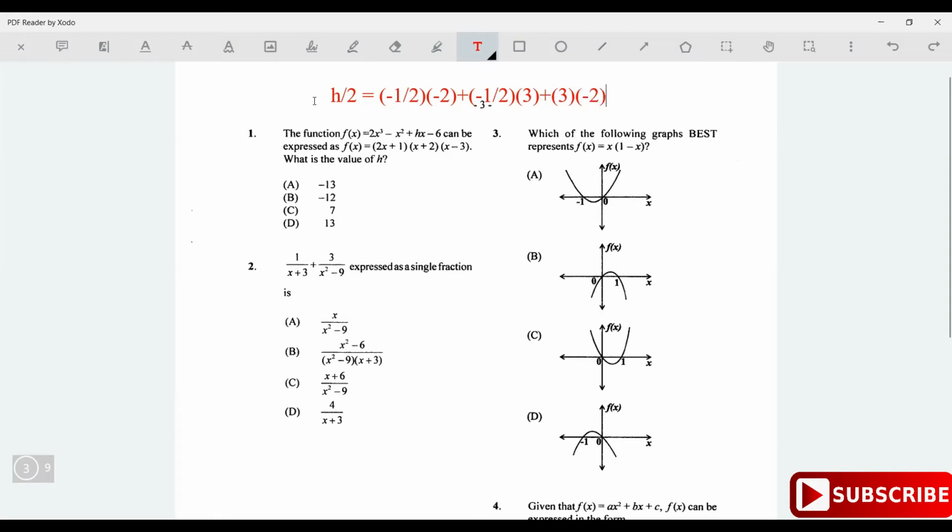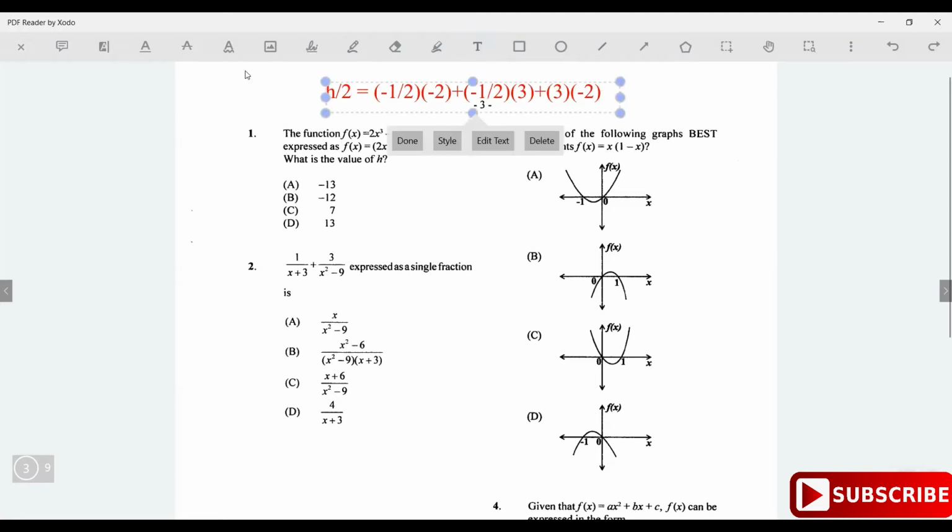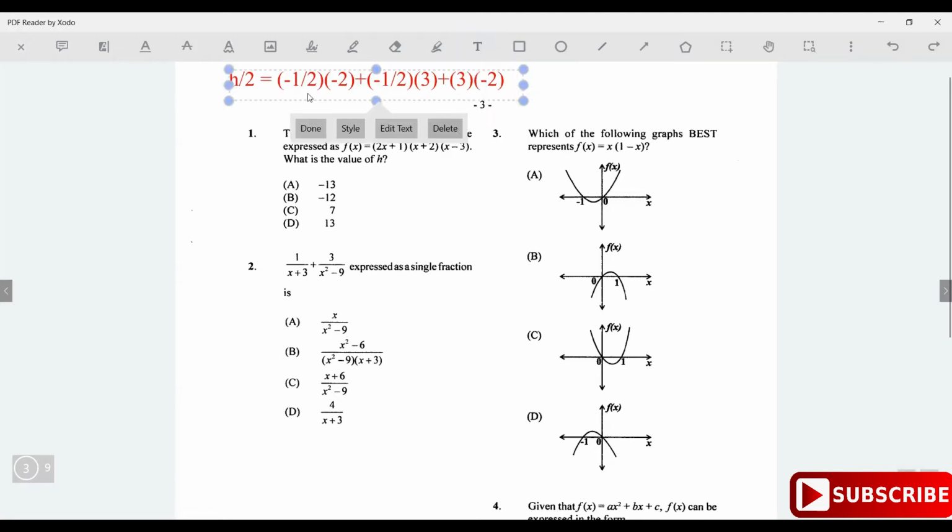So when you work this out, that gives you h over 2. Plug all of that in a calculator: minus a half times minus 2 plus minus a half times 3 plus 3 times minus 2, and so we get negative 6.5.